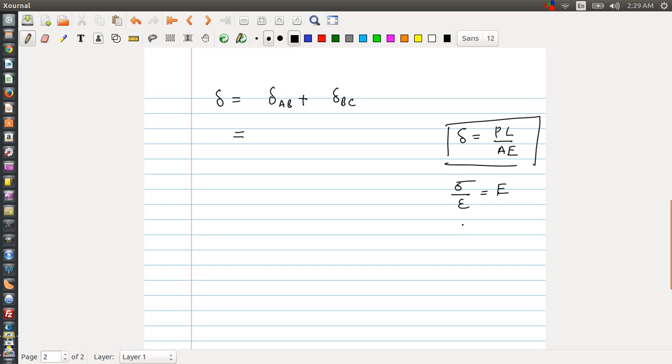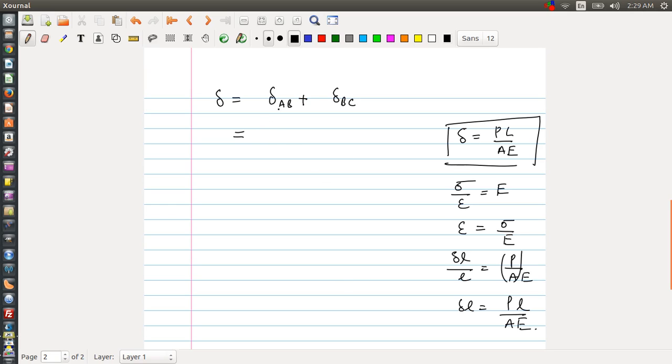So strain is sigma by E. So change in length over original length equals stress, which is load upon area, divided by E. So change in length is nothing but PL by AE. You all must be knowing this, just a quick revision.